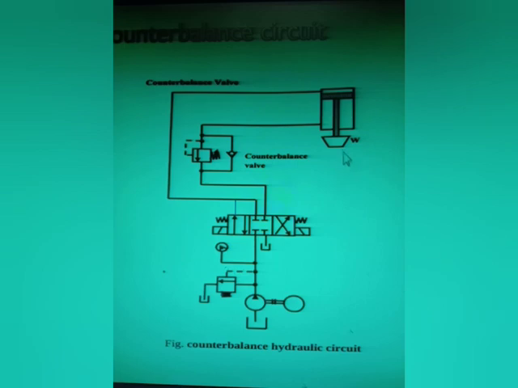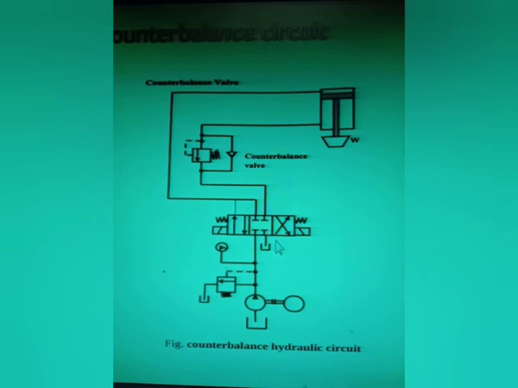So there is a chance that this load will come very fast, without control, into the downward direction. To restrict the movement of this load coming downward, this counterbalance hydraulic circuit is used. And the counterbalance valve is a very, very important part of it.